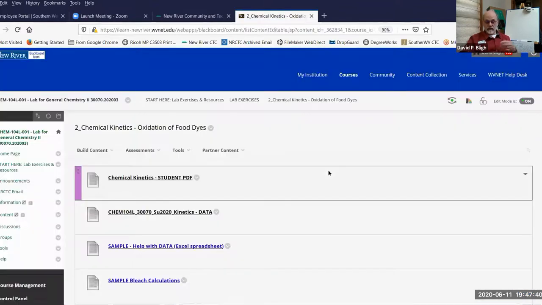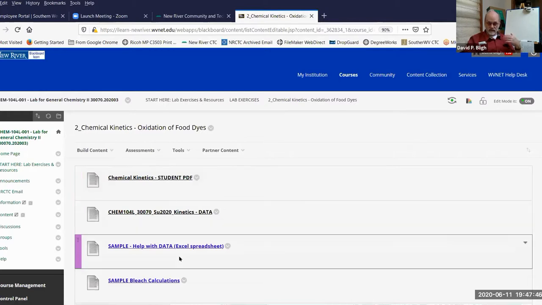It's going to be right here. So there's the Chemical Kinetics lab with the documents that are there at present. And here's your sample Excel spreadsheet.